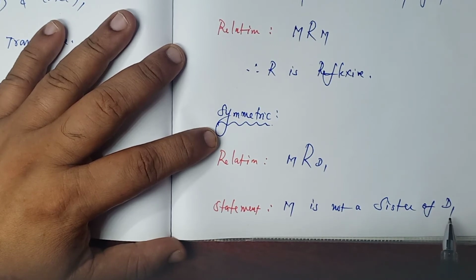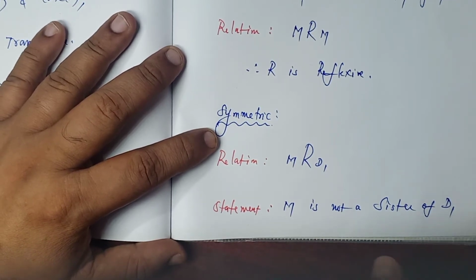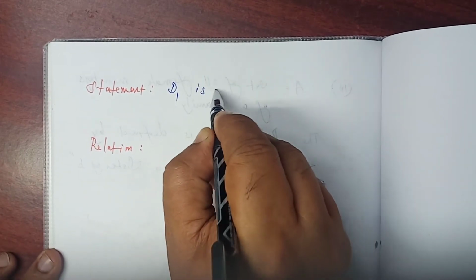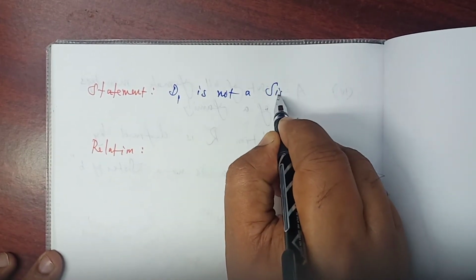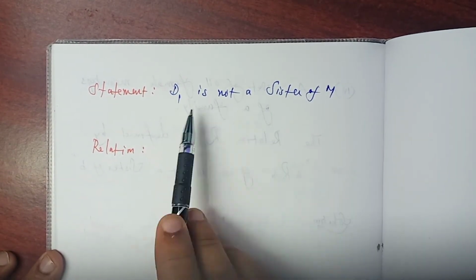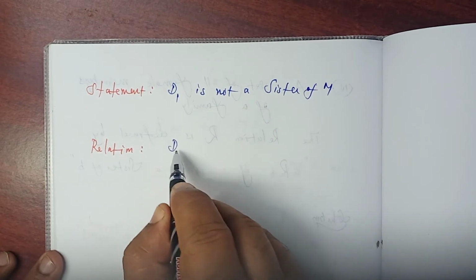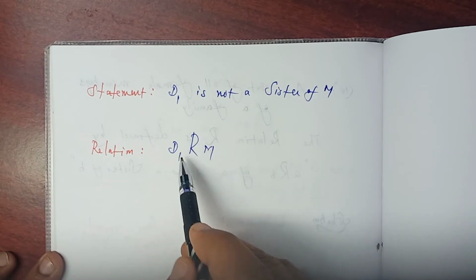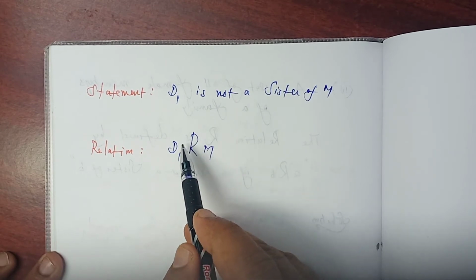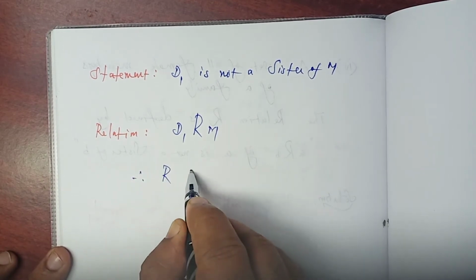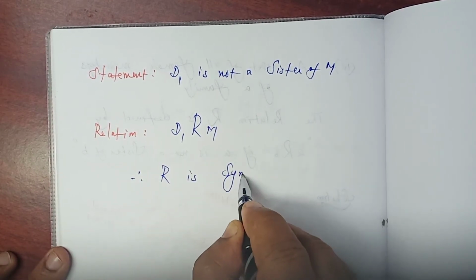D1 is not a sister of mother. Obviously true, because this is the given statement. Therefore, D1 is related with M. This R refers to not a sister. The given statement is true. Therefore, R is symmetric.